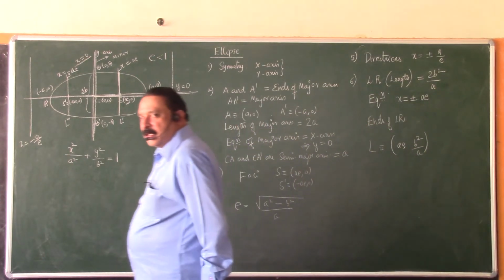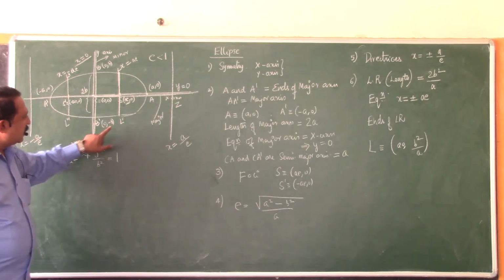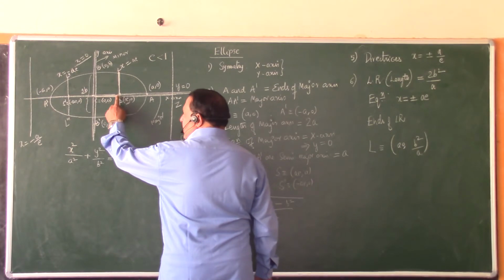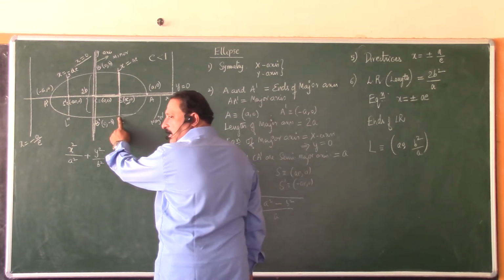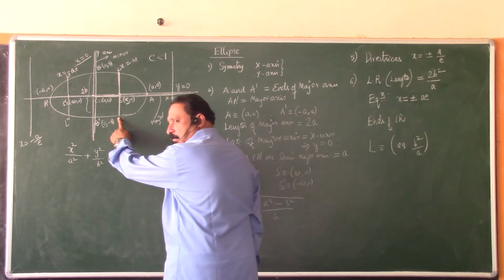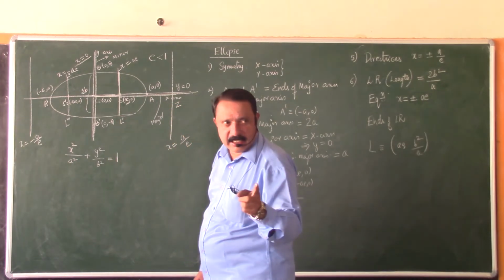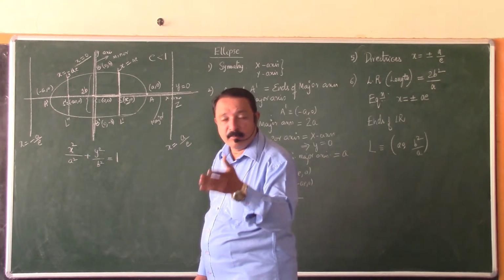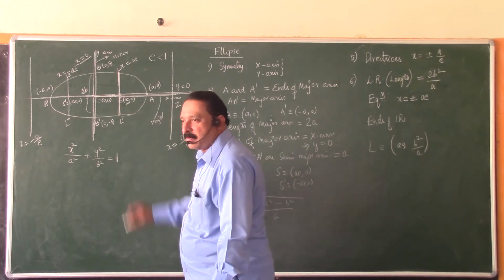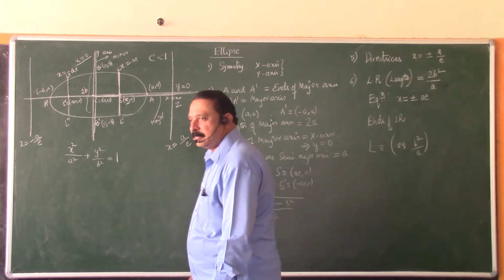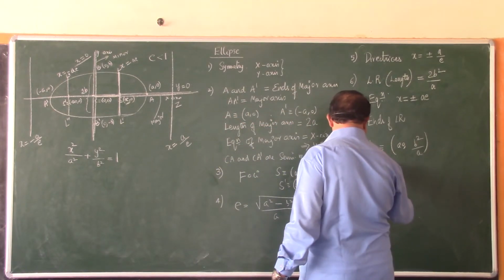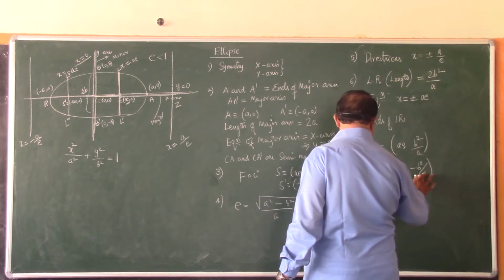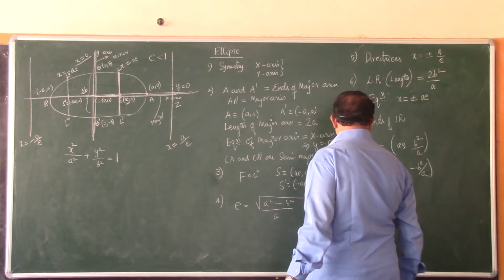Now if I come to the lower end, L dash, this is ae and this is in the 4th quadrant, and the signs of the 4th quadrant are plus minus. So ae is the x coordinate, and the y coordinate is minus the same distance, b square by a.